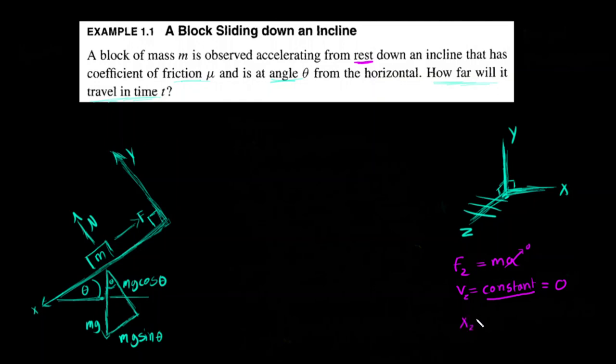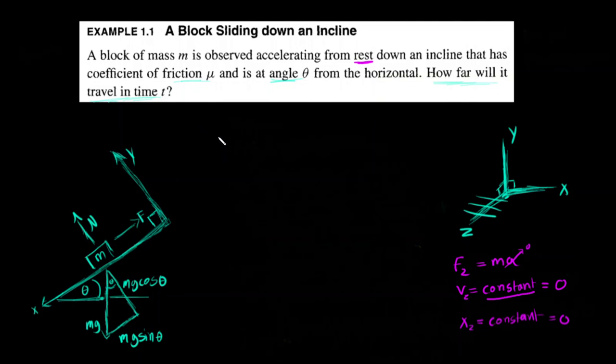Since the velocity is equal to 0, the position is constant too. And you might say, what do you mean, constant position? Well, that just means that in terms of the position vector in the z direction, there is none. So this is 0. It's not moving in the z direction.